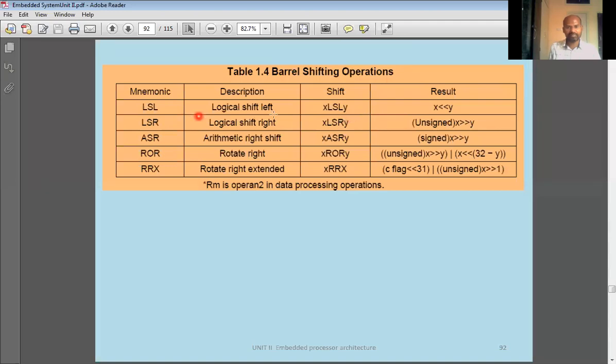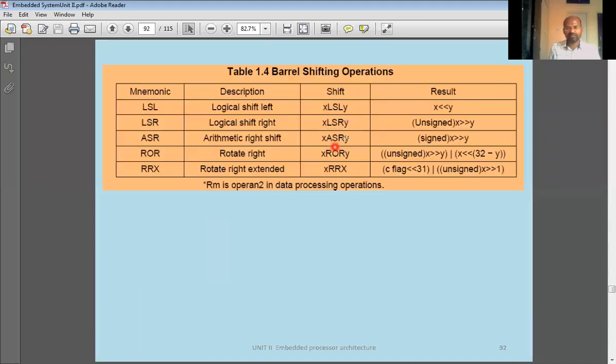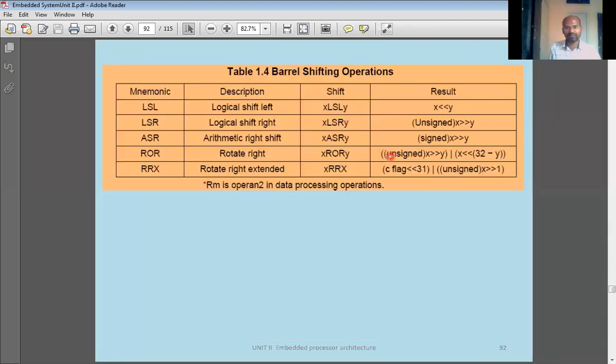Sorry, logically left. Now see, this is the data present in the X second operand. Before it, this is the actual data which is present in the second operand. So that second operand passes to the barrel shifter. This is the actual X that passes through the barrel shifter. In the barrel shifter, what happens?